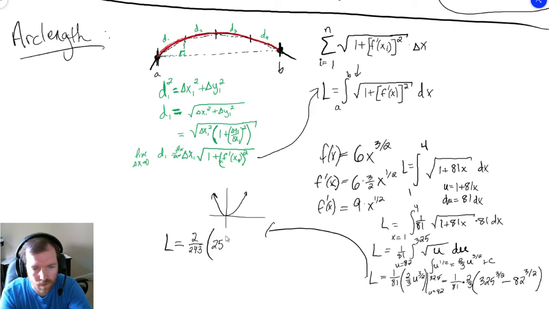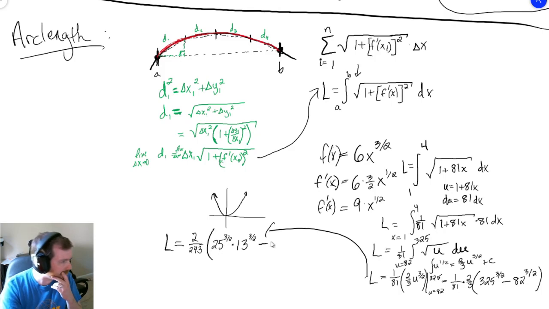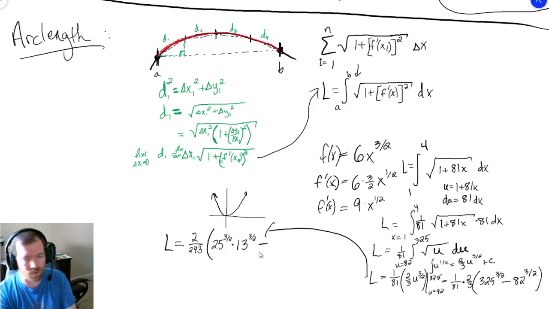So 25 to the 3/2 by, 325 over 25 is going to be 13, right, since 300 is 12. So 13 raised to the 3/2, minus 82 to the 3/2. It doesn't have any particularly nice factorization, just 2 and 41.